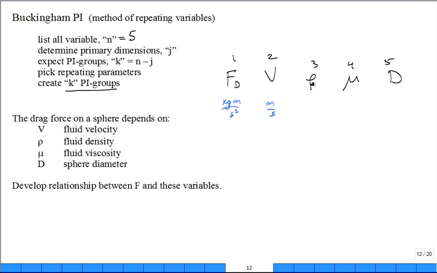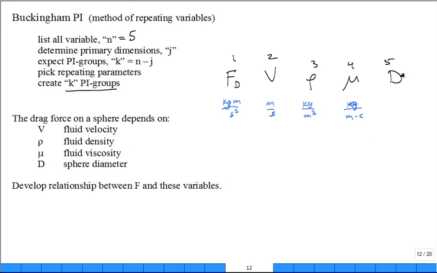Mass density: kilograms per meter cubed. I see no new ones, they're repeated. And then viscosity. Do you remember that one? Kilograms per meter second. Was that right for viscosity?